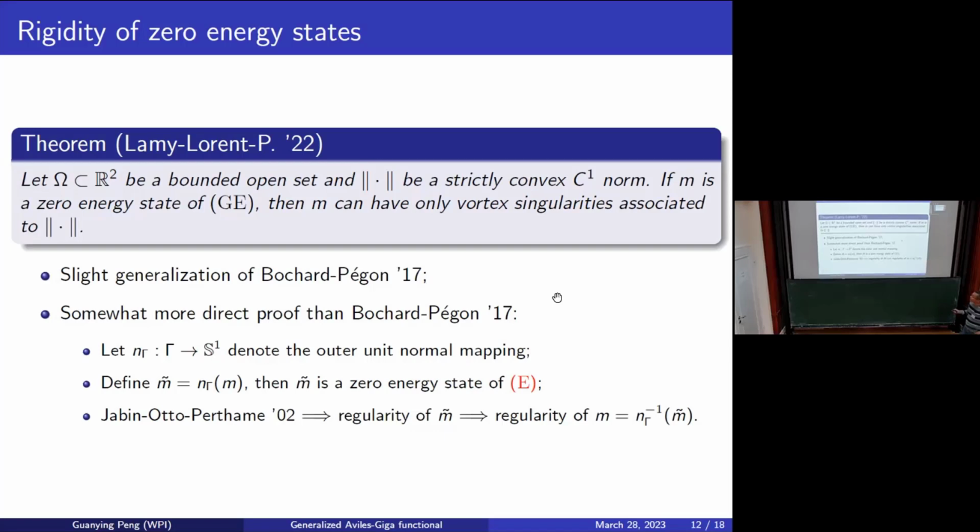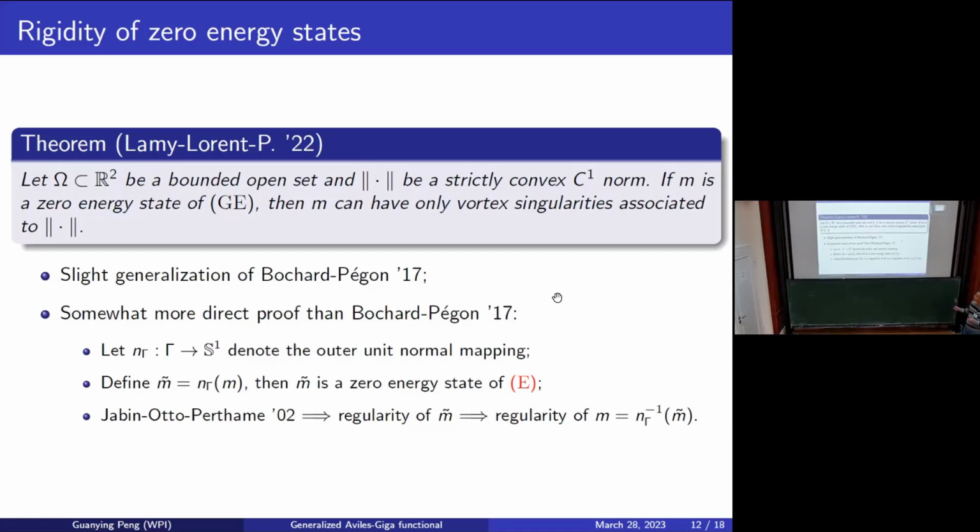Through some elementary geometric argument, we can translate the kinetic equation satisfied by M to a kinetic equation satisfied by M tilde. It turns out that the kinetic equation satisfied by M tilde is one that describes zero energy states of the classical Eikonal equation.